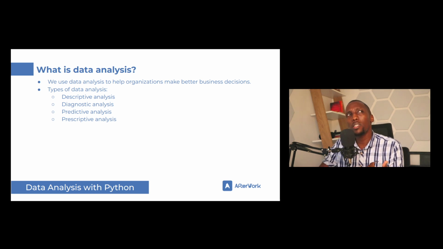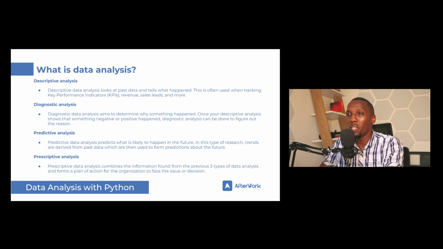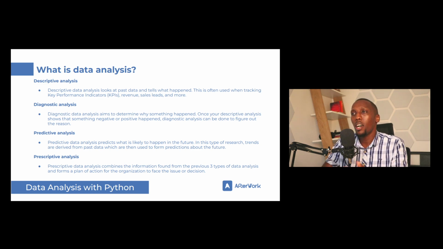When you look at historical data and you make conclusions based on what was observed, then we tend to be performing descriptive analysis. So again, descriptive analysis looks at past data and tells us what has happened. And we might end up deciding to come up with some metrics based on just that type of analysis.